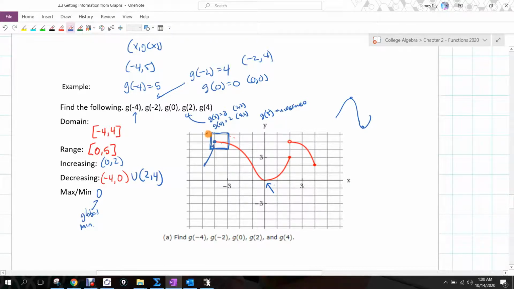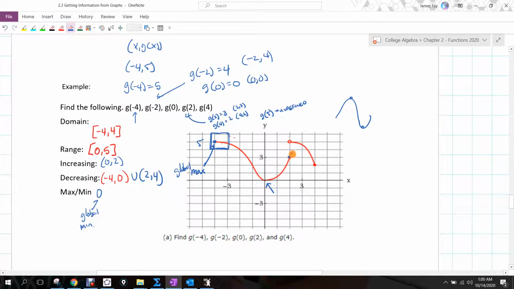So that point right there, when x is -4, and y would be 5 there, so a y value of 5, that would be a max. And it turns out that it's actually the largest y value on the entire function, so that would be a global maximum as well.